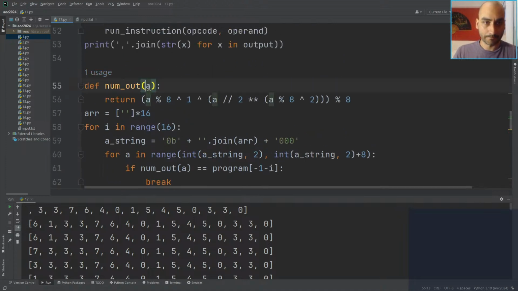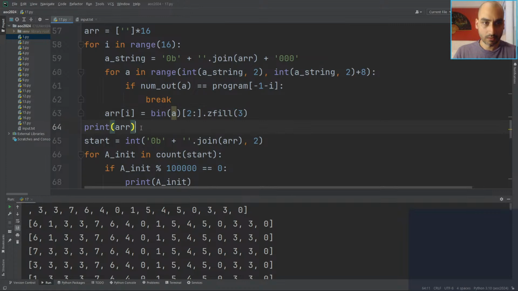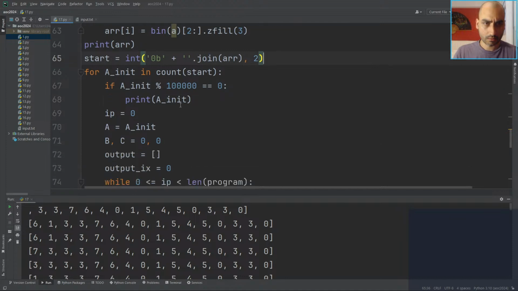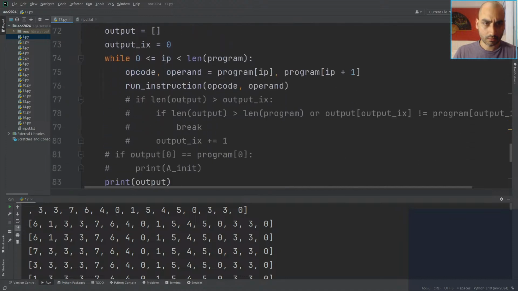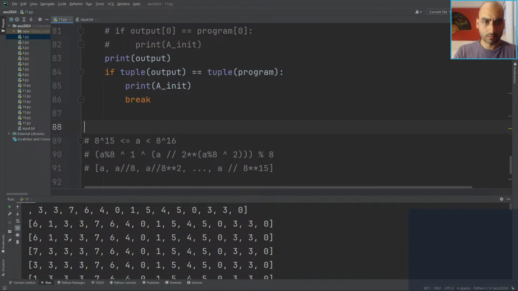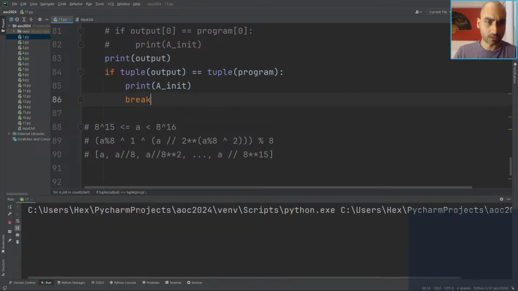Okay, we do that. Array equals that. Print array, start equals that. And then, okay, let's just see if that does it.